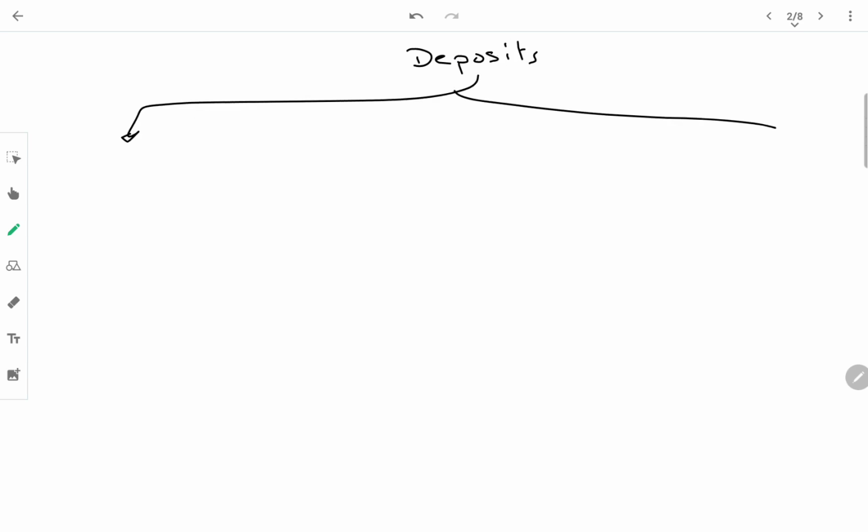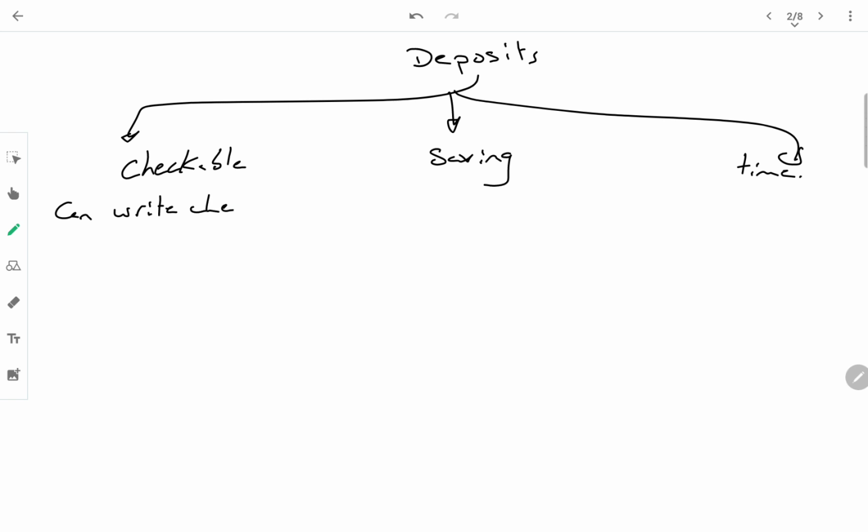So we can compare the three types of deposits: checkable, saving, and time. With checkable deposits you can write checks; with saving and time deposits you cannot write checks.